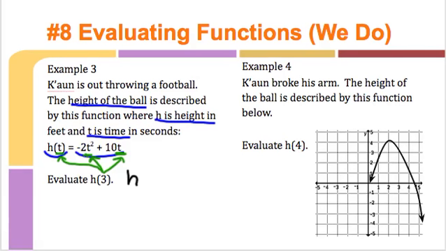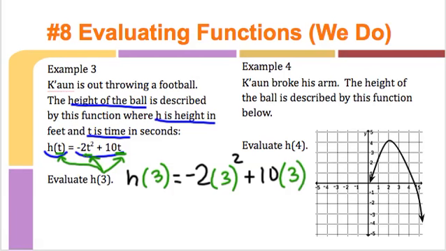H of 3 equals negative 2, but instead of the t, I'm going to write 3 squared plus 10 multiplied by 3. So literally all I did was I took these spots that had the t and I replaced them with 3. Now I go ahead and solve this out.